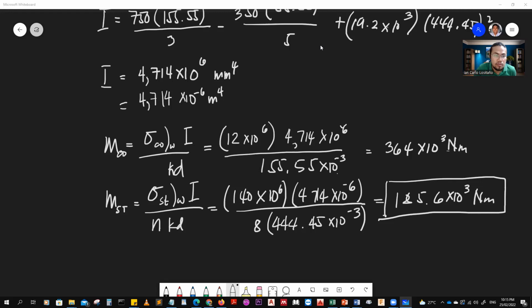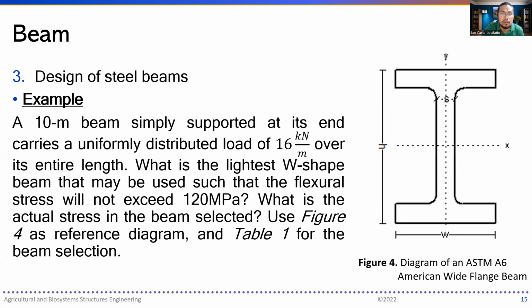Let's proceed back to the slide, and let's have another example here. This is now for a steel beam. Now the steel beam, the formula is already available based on the usual formula.